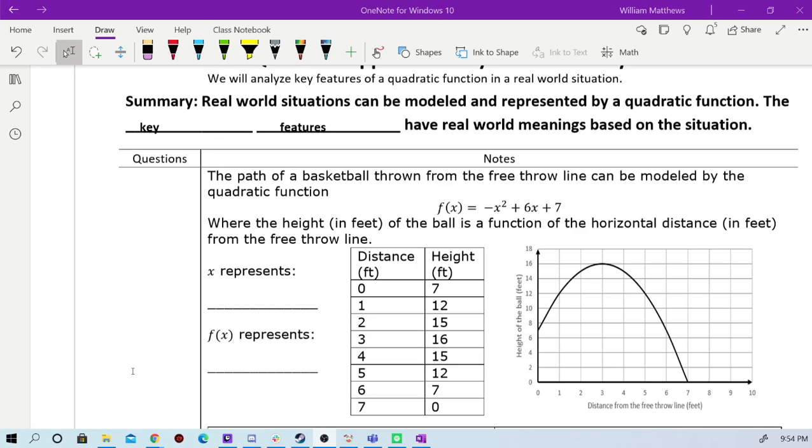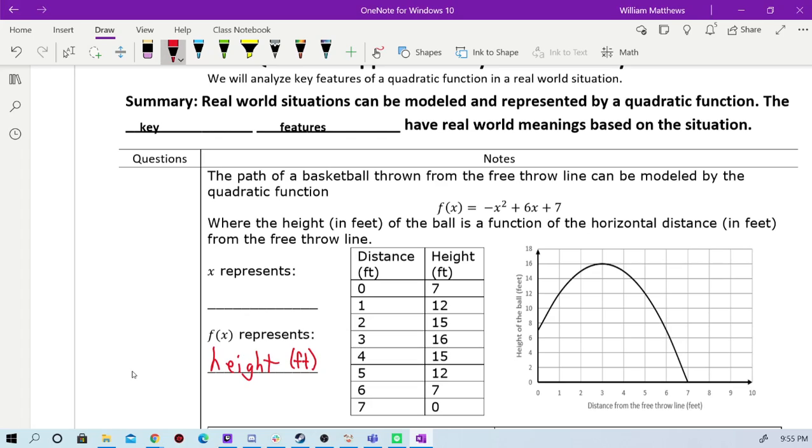This is letting us know that the height in feet, the height of the ball, is our output. Our height of the ball is our output, what comes out of this. And the distance tells us what the height is.